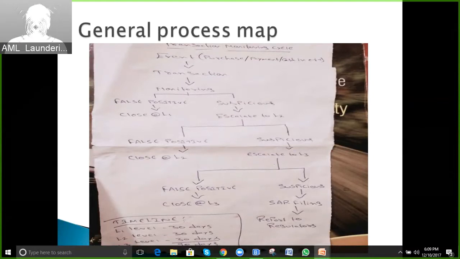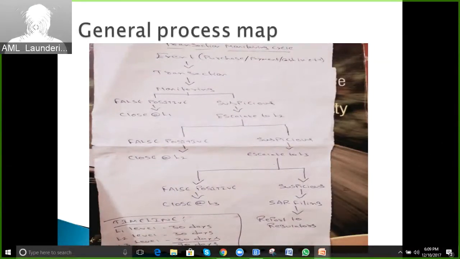This is a general process flow map, or a process cycle, you can call it. As we discussed already, if a trigger is open or an event occurs, we will start monitoring. So this is basically a transaction monitoring cycle. First an event occurs, then it starts with transactions, and we start investigating the transactions. Once we decide it's a false positive, we close the case.